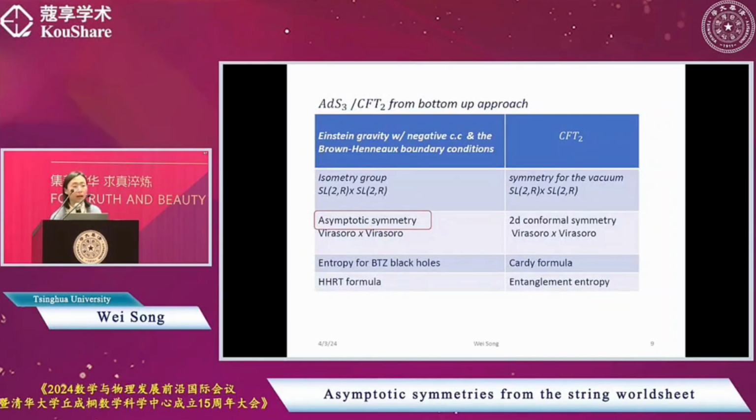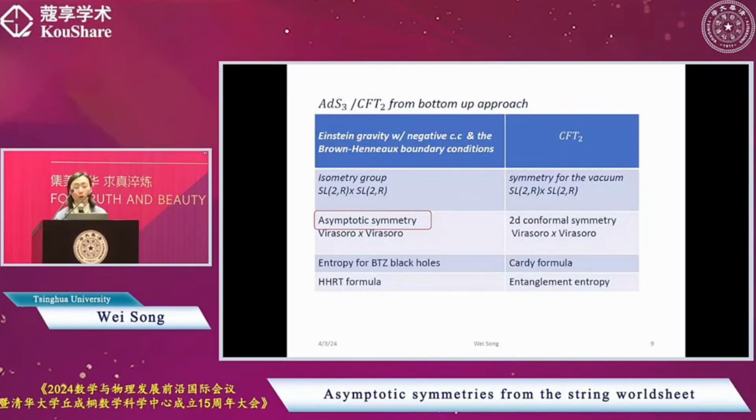By this, you know that the phase space of Einstein gravity is organized by this asymptotic symmetry, and hence it's the same phase space as that of this 2D conformal field theory.